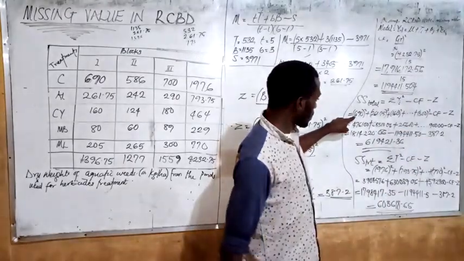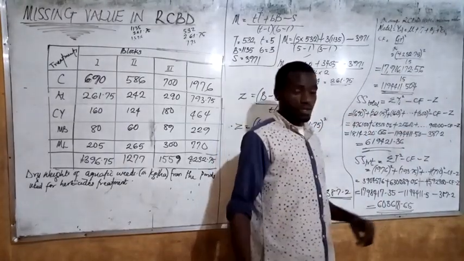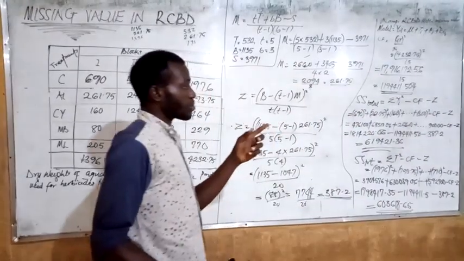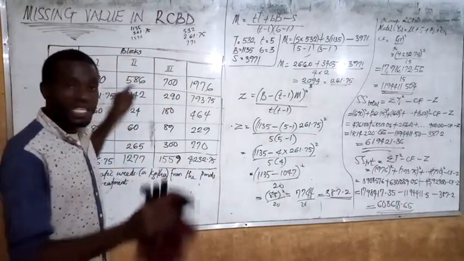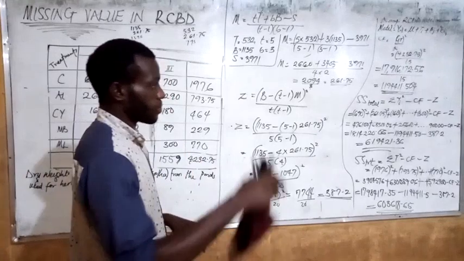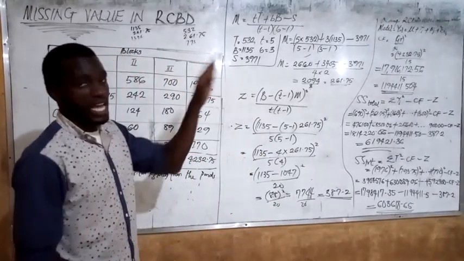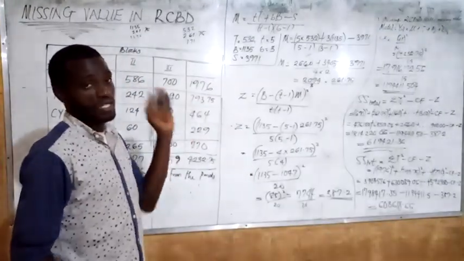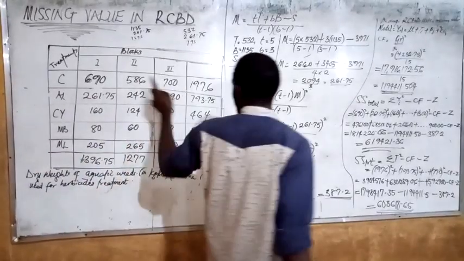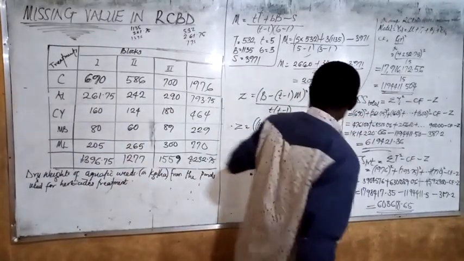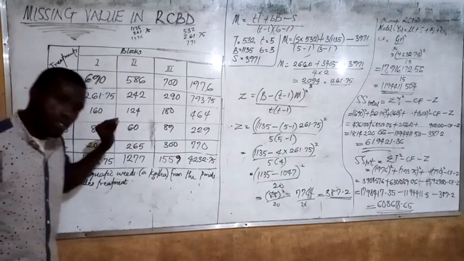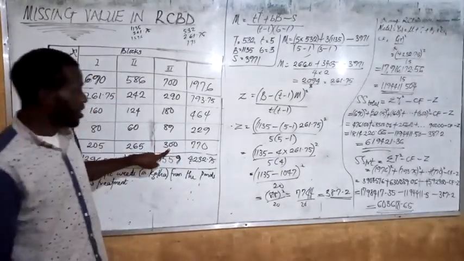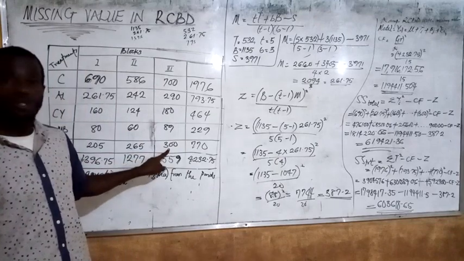Alright, so 690 squared plus. Now take note of the method I am using to compute my values. It will take me more time to begin to write 690 squared plus 290 squared plus all of that to fill that up in my book. It's going to take me too much time. So what I simply do is I take 690 squared, I take it in this order. 690 squared plus this plus this plus this, dot dot dot plus the last one here, that is plus 300 squared.